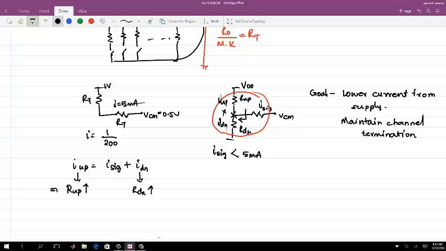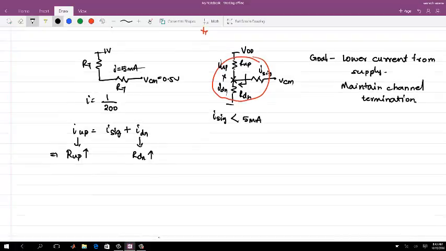So the way it resulted is that you have R up, R down, and this is RT.